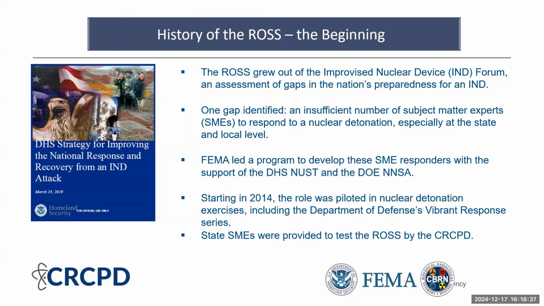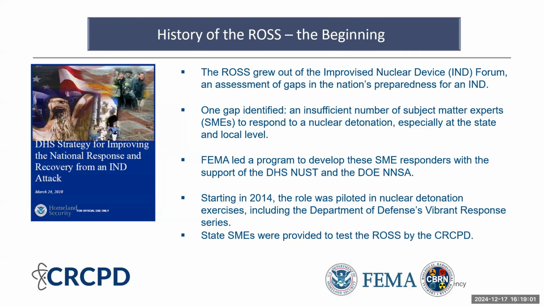And it was identified that while the federal government, like DOE and especially EPA, NRC, had a lot of radiological and nuclear emergency capability, the states sometimes didn't. In many cases, even if they did, it wasn't enough.